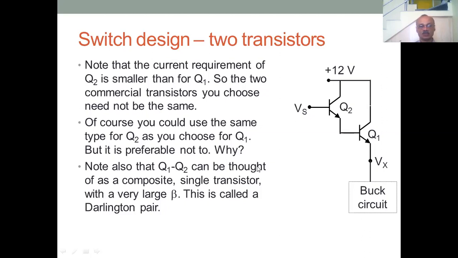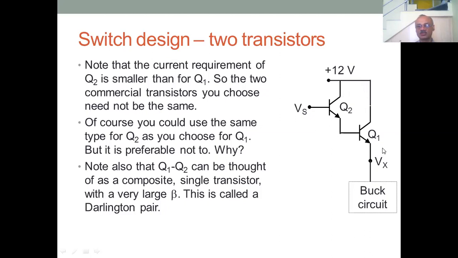Okay. Also, if you look at this Q1, Q2 configuration, when the two collectors are joined together and the emitter of one is connected to the base of the other, this composite structure has 3 terminals. Here is one, which is effectively the base. Here is the other, which is the emitter, and the two collectors connected together is the collector.